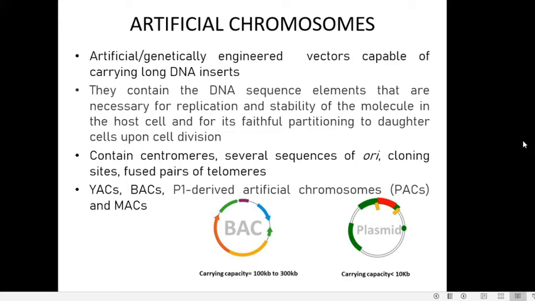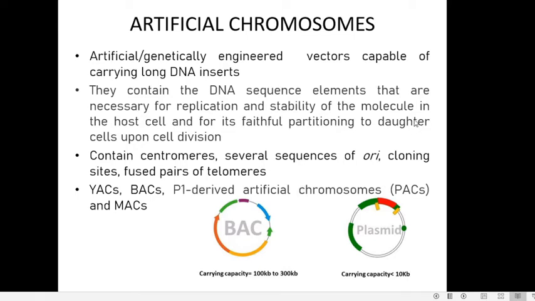And they also contain fused pairs of telomere sequences. So since telomeres are found as pairs, when we make a cut in between the two telomeres, the circular plasmid or the circular artificial chromosome will become linear. So that you will understand when we discuss the yeast artificial chromosomes.